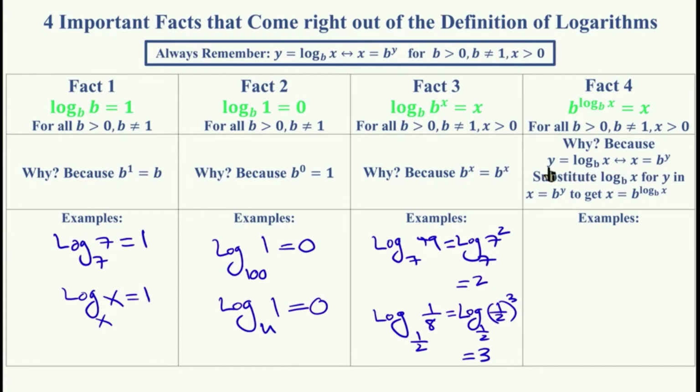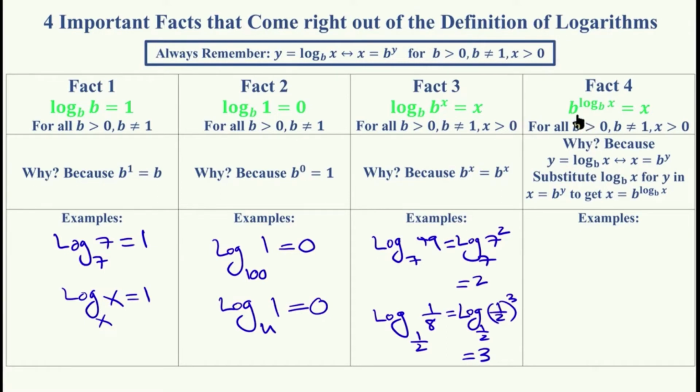Notice that we say y equals log base b of x on this side, and on that side we have x equals b to the y. So all we've done here is we've taken the y, which is the same as log base b of x, and we've put it instead of the y here. So we end up with b to the power of y, which is log base b of x, equals x.